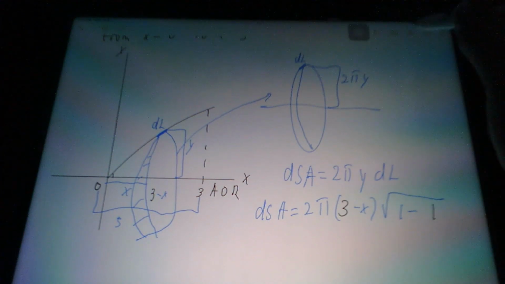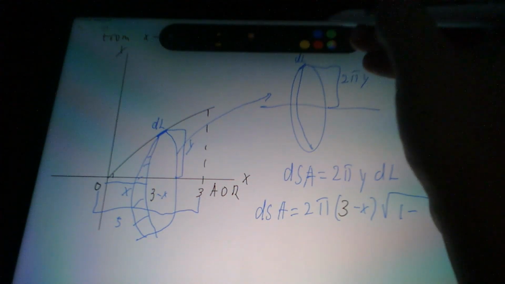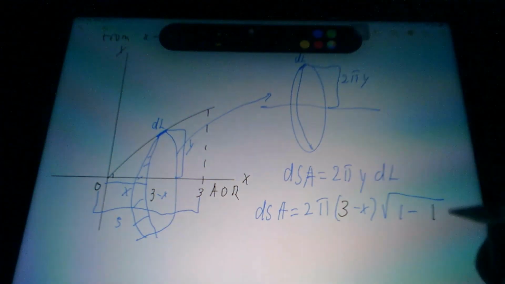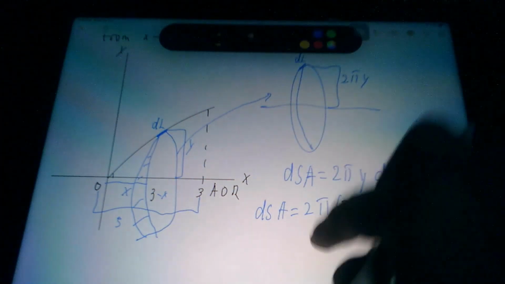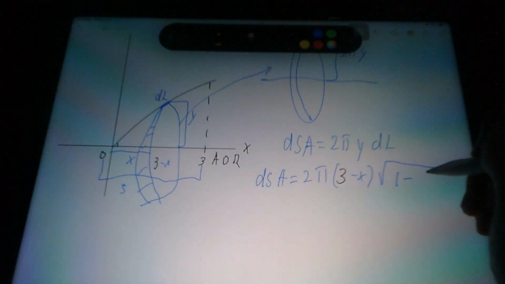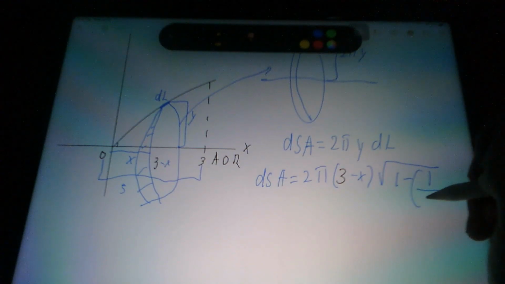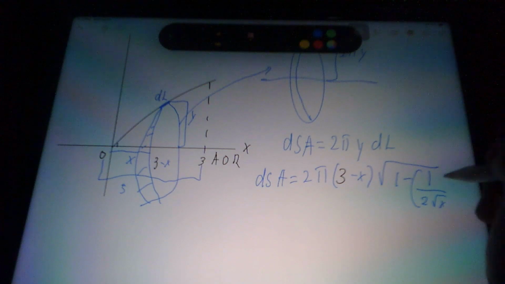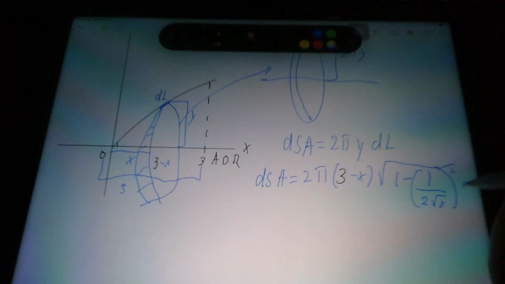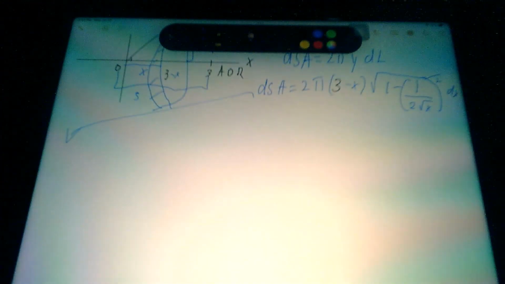Let me change my pen. 1 minus 1 over 2 square root of x squared dx. Let's move it here so we can maximize the space.